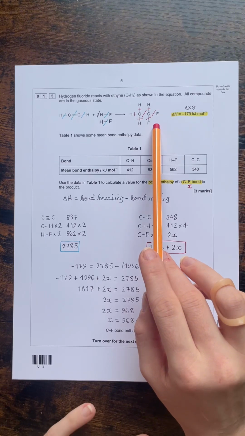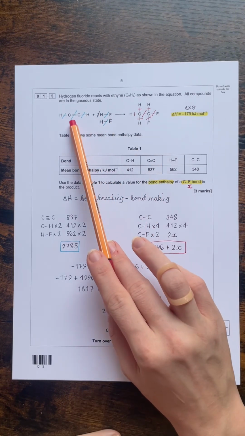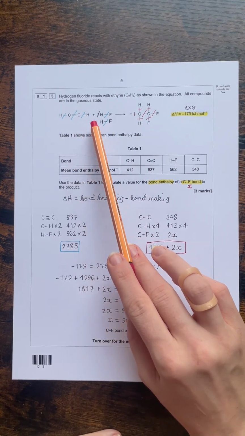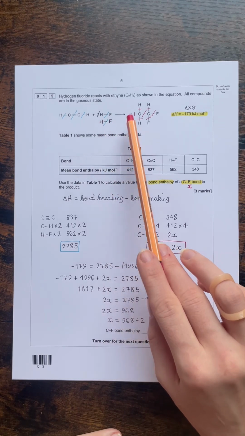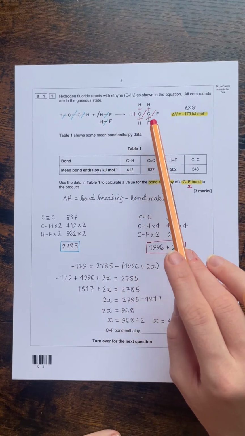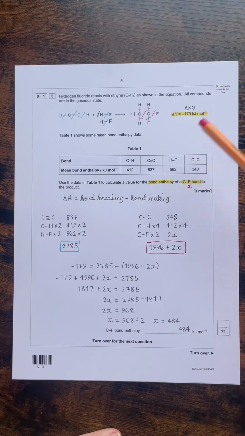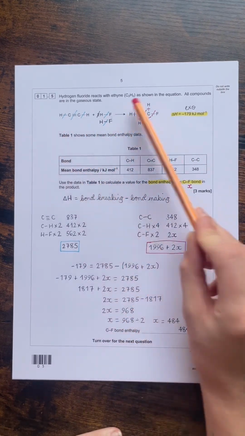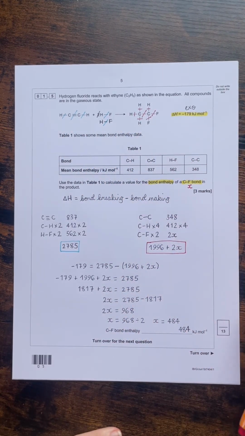At A level, they may just say we've got C2H2 plus 2HF makes C2H4F2, and then you would benefit massively from drawing it out kind of like they've provided here. So if you don't have the displayed formulae for the reactants and products, don't be scared to draw them out, because then you're making sure that you're not missing any of the bonds.